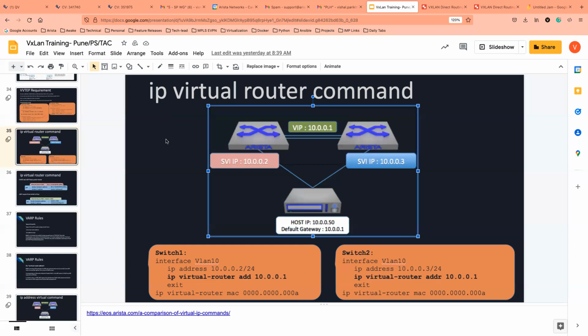That helps us to find out some of these things, and multi-site will help to a large extent. So it will be easy for us to find out if this type of discrepancy is there in the configuration. But otherwise, we need to go and manually check on all the VTEPs.